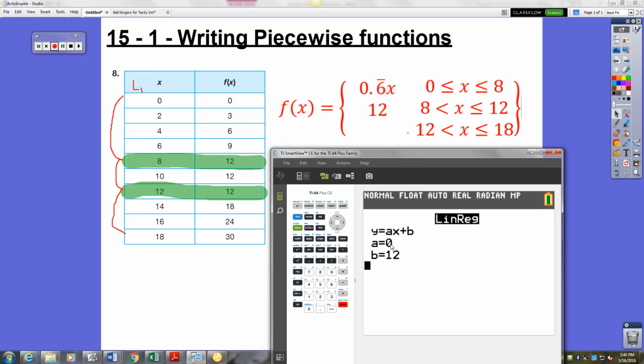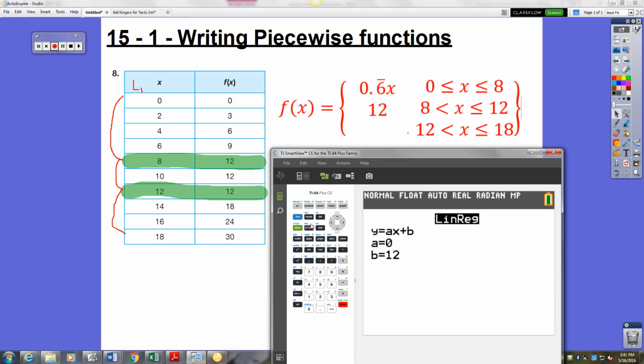That's our rate of change. It means our values didn't change, which doesn't surprise us because 12 never changed. It was always 12. Our B is 12. So if I sub in 0 for A, 0 times x would be 0, and the B would be 12. So I just don't put the 0x, because 0 times x is 0, and 0 plus 12 is 12. That's the zero property of multiplication and the identity property of addition.